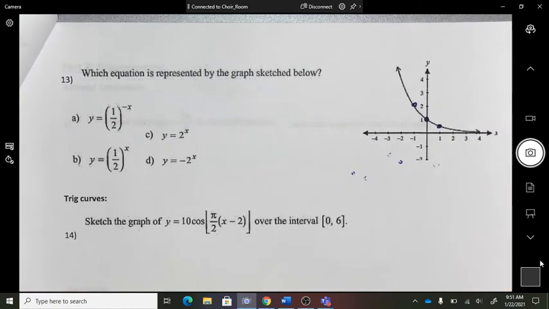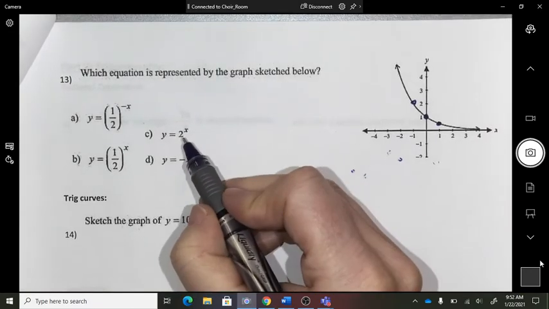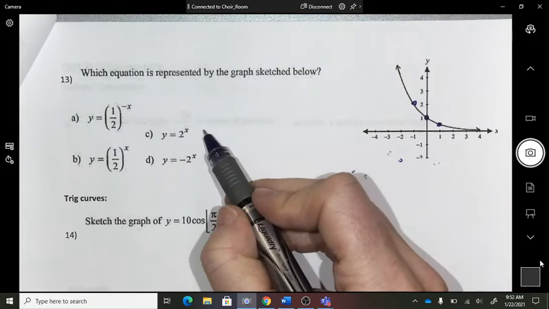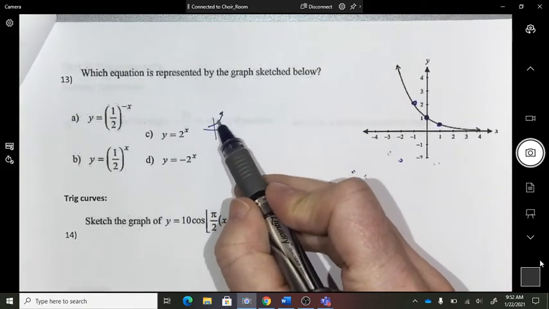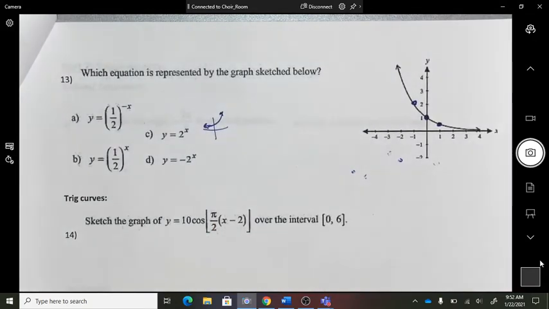Okay, we have to figure out the equation of this. Okay, so if I graph 2 to the x, that would be that it's growing, it's doubling every time.